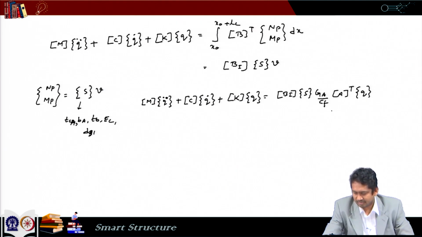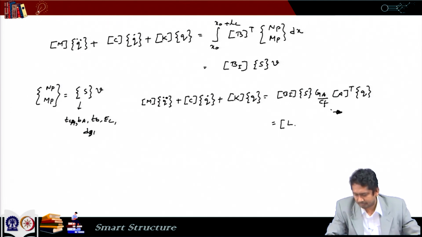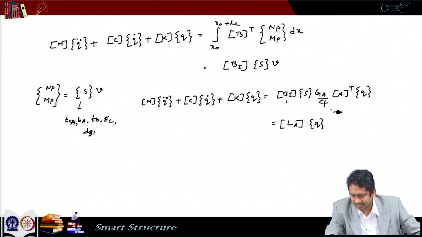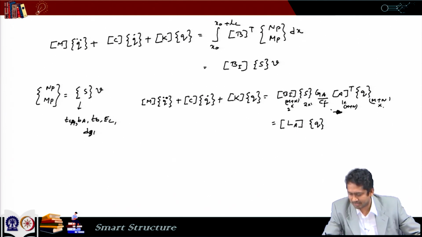Now, again this entire expression can be written as L A multiplied by Q, because we know that this is M plus N over Q, S is 2 by 1, this is 1 by M plus N, and this is 1 M plus N by 1.